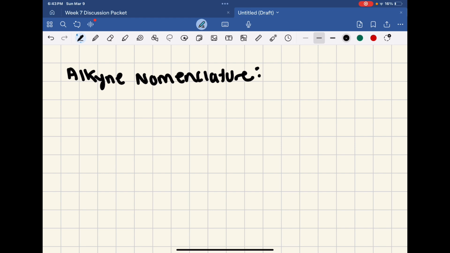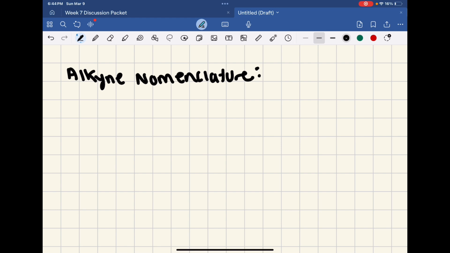We want to number through the alkyne bond, and we want to give it the lowest possible set of numbers. We could have multiple triple bonds, where they could be a diyne or a triyne, so don't forget those things. And we could even have an alkene and an alkyne present. Those are called enynes. There are a lot of things to talk about here, so let me just do some examples.